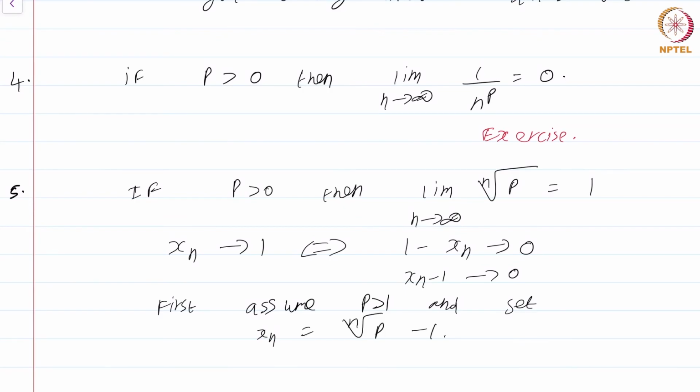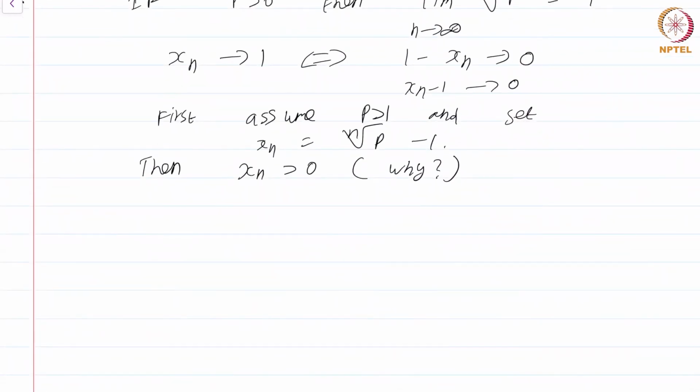Then xn is greater than 0. Please think about why this is true. Now I want to show that this quantity xn converges to 0.